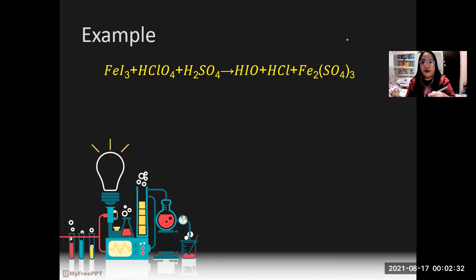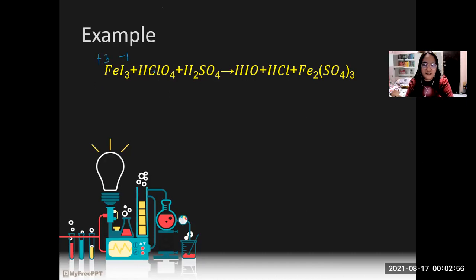So again, I'm doing my steps as tabular, listing the elements in a tabular form. What you can also do is put the numbers on top of the elements. Like we know FeI3. Iodine is a halogen, so this is always -1. So 3 times -1, that's a +3 for iron.